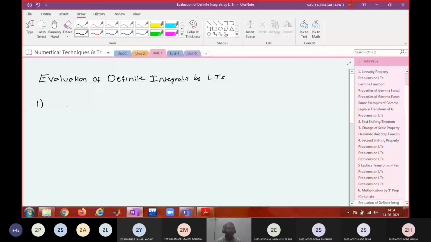Okay, suppose you want to evaluate integral 0 to infinity t e power minus 3t sin t. Now can you tell me how do you evaluate this? Suppose you don't know about Laplace transforms. What technique will you use to evaluate this?